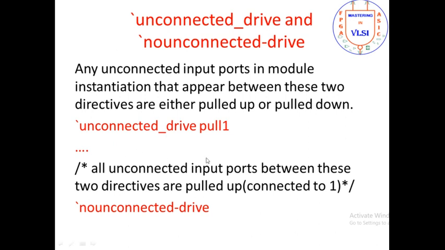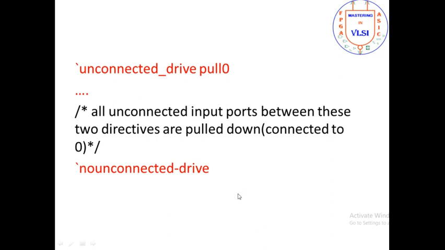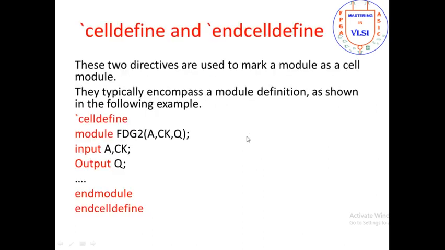Here is the example for pull up: `unconnected_drive pull1, then code, and finally ending with `nounconnected_drive. All unconnected input ports between these two directives are pulled up. Now another, `unconnected_drive pull0, ending with `nounconnected_drive. All unconnected input ports between these two directives are pulled down.